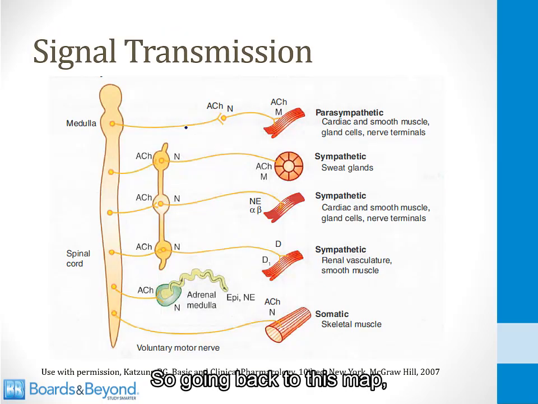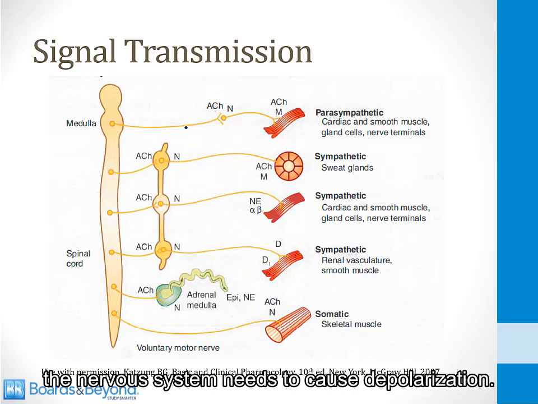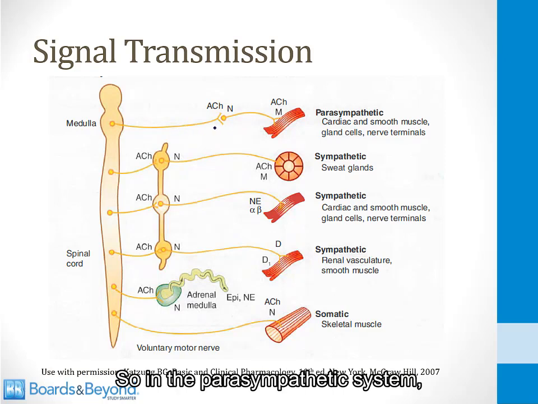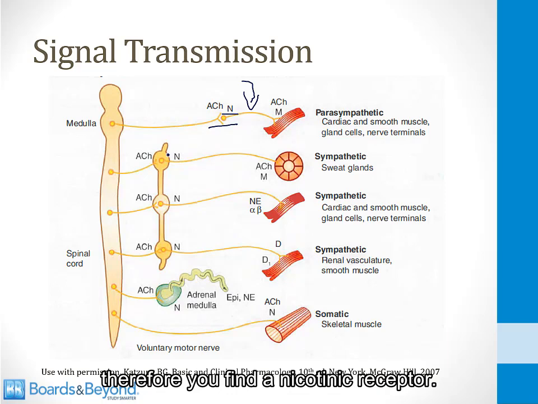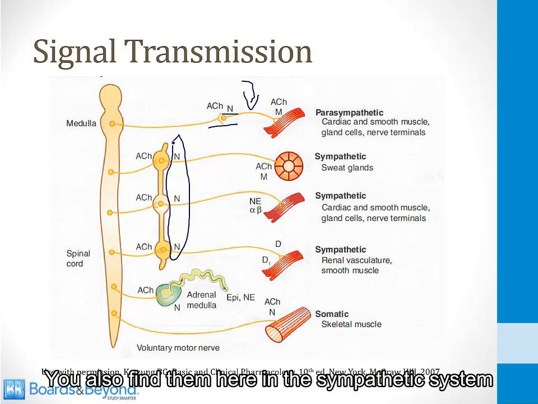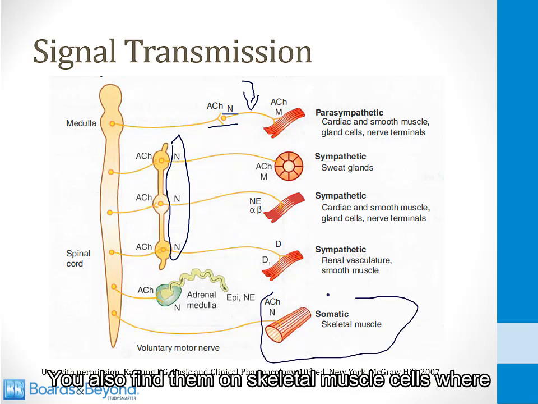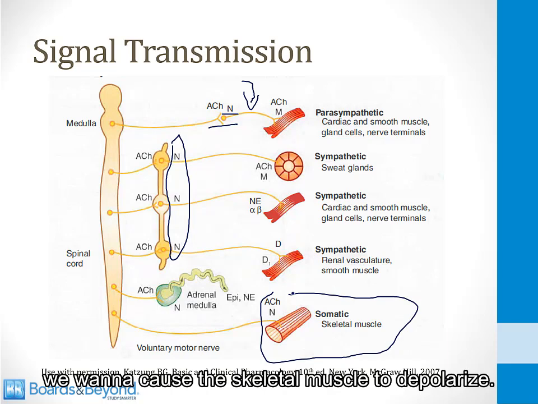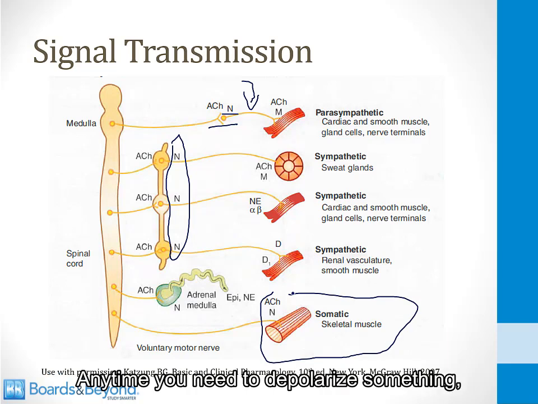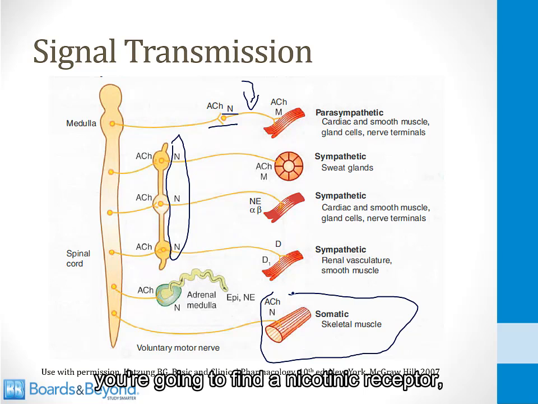So going back to this map, you find nicotinic receptors anywhere the nervous system needs to cause depolarization. So in the parasympathetic system, we need to cause depolarization of the postganglionic neuron, therefore you find a nicotinic receptor. You also find them here in the sympathetic system where we want to cause depolarization. You also find them on skeletal muscle cells where we want to cause the skeletal muscle to depolarize. Anytime you need to depolarize something, you're going to find a nicotinic receptor.